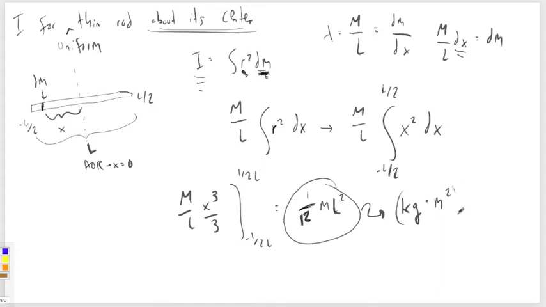So kilograms meters squared. If you did not end up with meters, length squared, in some proportion, you did not do it correctly. So that's going to be a hint for you. Any rod, every thin rod that's uniform, when its axis of rotation is about its center, will have this for its moment of inertia. All right?